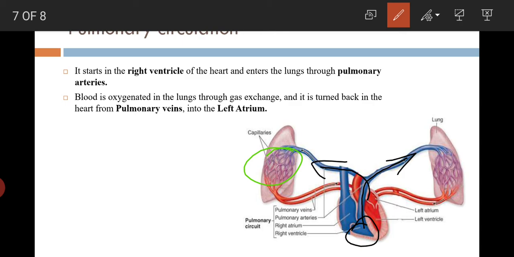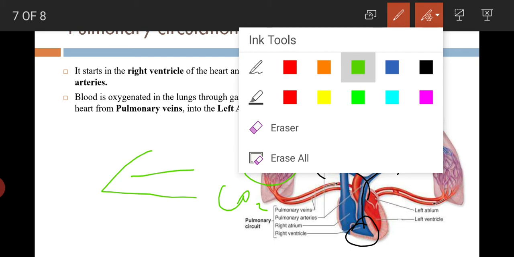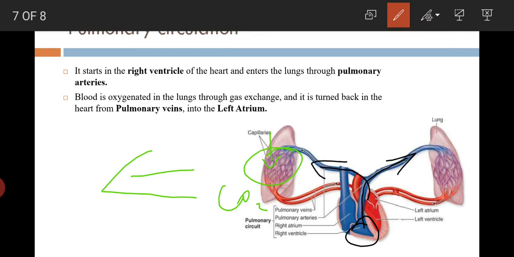In the gas exchange, the blood leaves the carbon dioxide, which is expelled outside into the environment, and takes the oxygen, and so the blood becomes oxygenated. The blood with oxygen is returned to the heart through the pulmonary veins, which are the only veins in our body that transport oxygen, and these return to the left atrium.